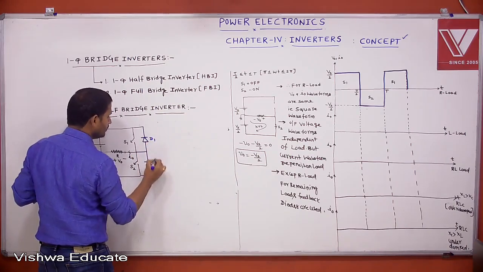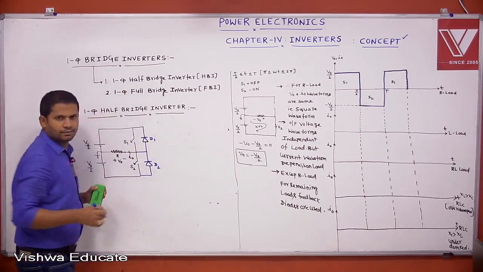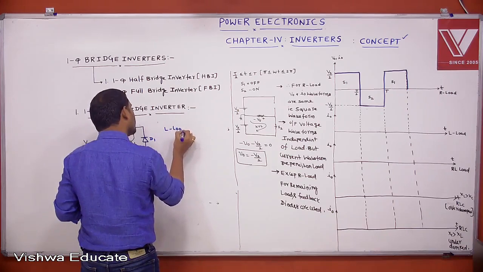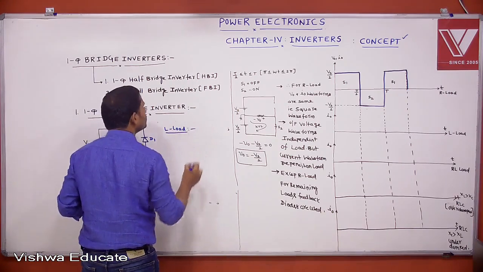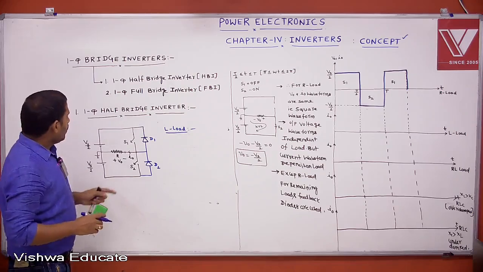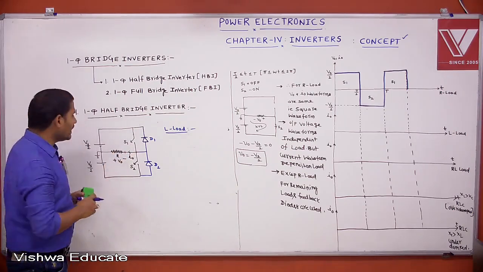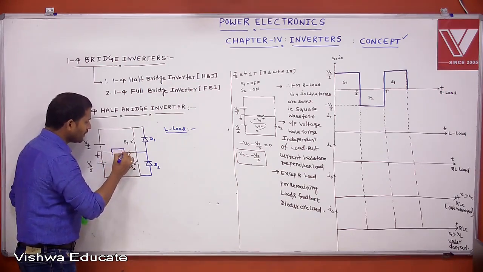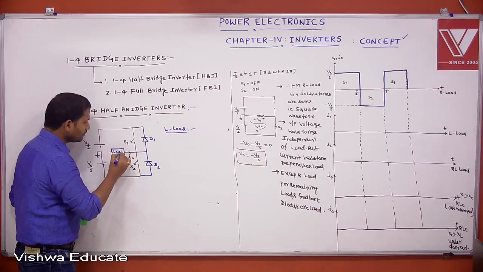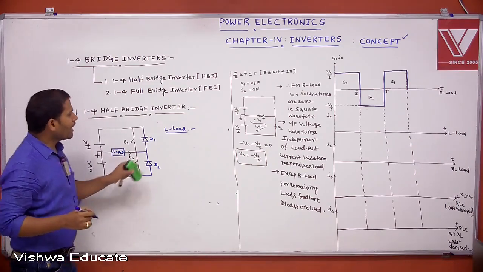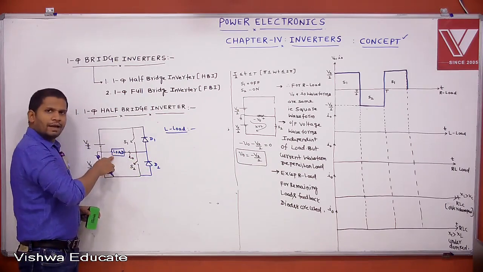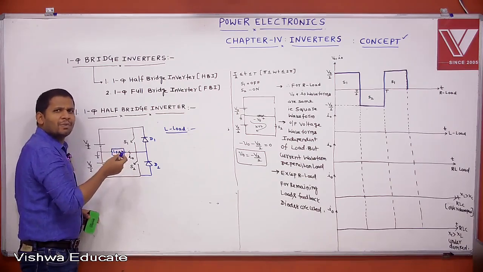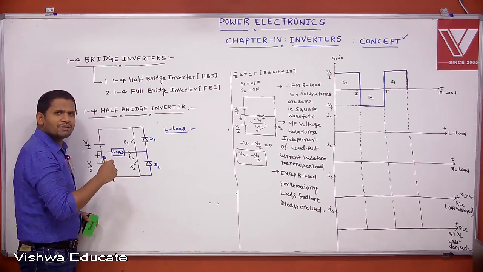This is D1, this is D2. For example, for L load you want to draw the waveform for a purely inductive load. One way to draw the current waveform is to connect the inductor here, apply KVL, apply Laplace transform and apply inverse Laplace transform.